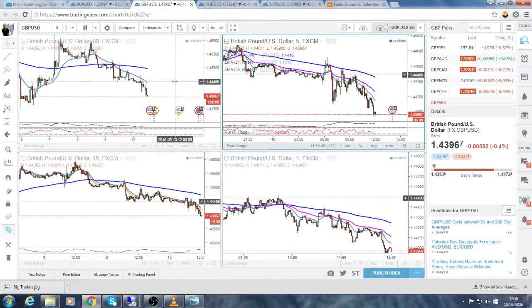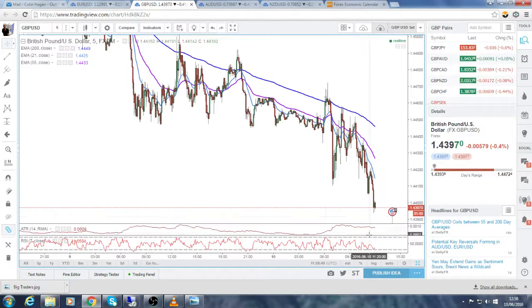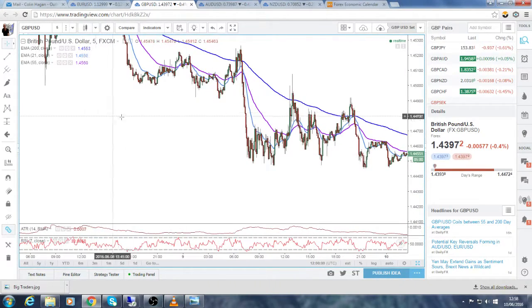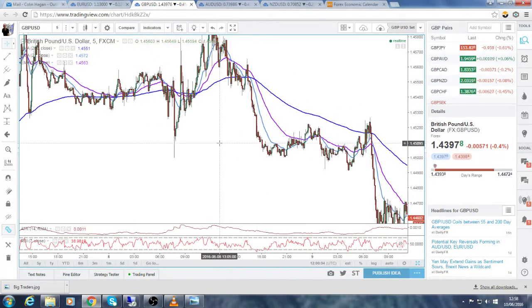So let's go in to look at pound dollar, which would be my go-to pair, my go-to currency pair, the one I go to each day, the one I would extract 50% of my profitability from. So, okay, let's take a look at this.